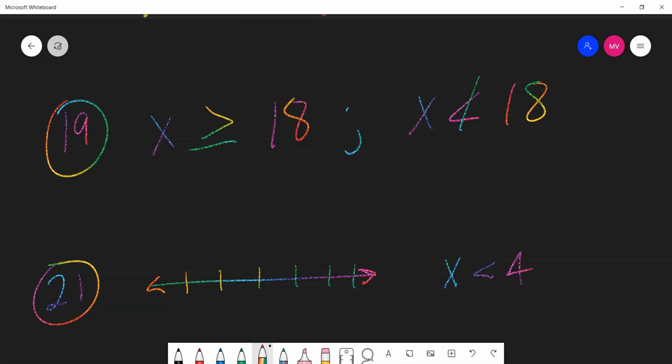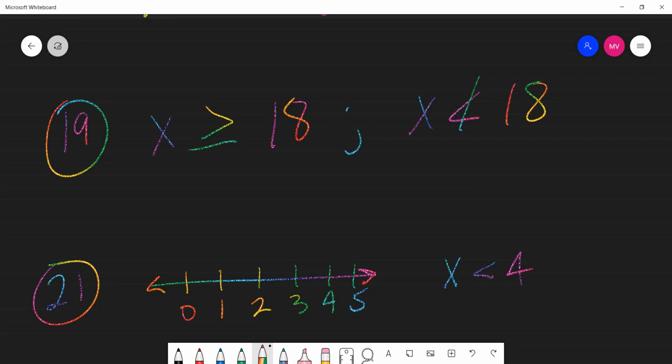So where do I put the dot on my number line? At the 4. Like we're starting at 4, right? So whatever we have x, our variable inequality number, that number on the other side, that's where we start our arrow.